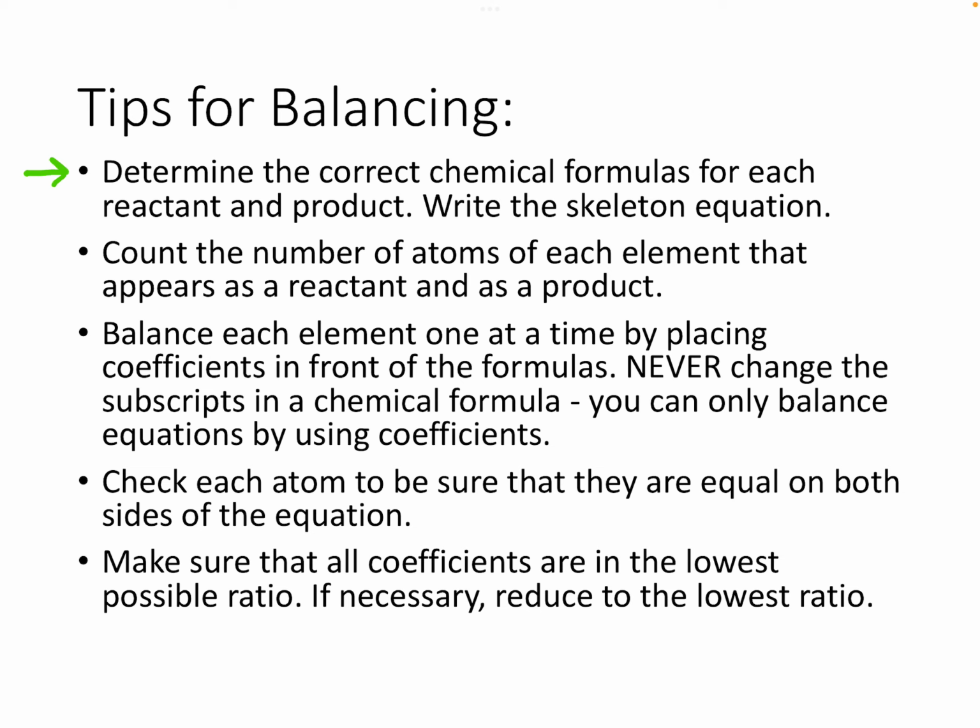And then we write the skeleton equation. So we just put the bare minimum down. What are the reactants? What are the products? Then we're going to count the number of atoms of each element that appears as a reactant and as a product. So we can make that same table that we made earlier. And then, just like we did on the last slide, we're going to balance each element one at a time.